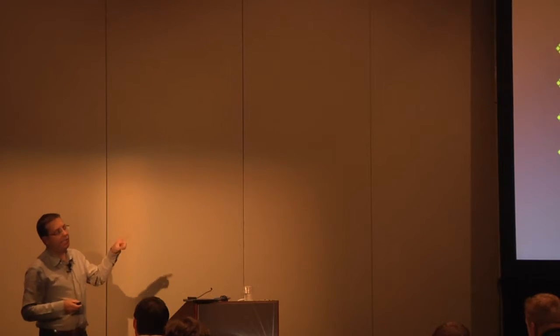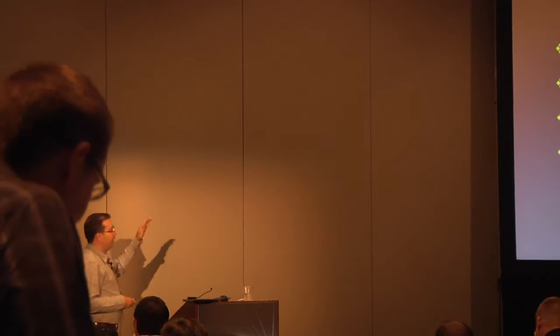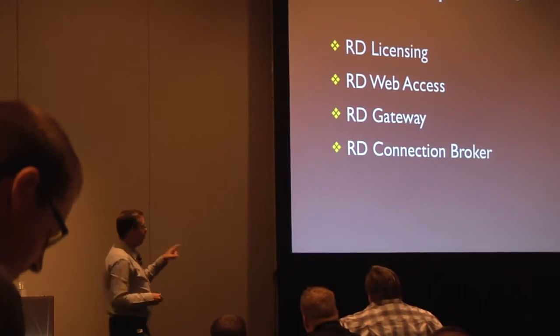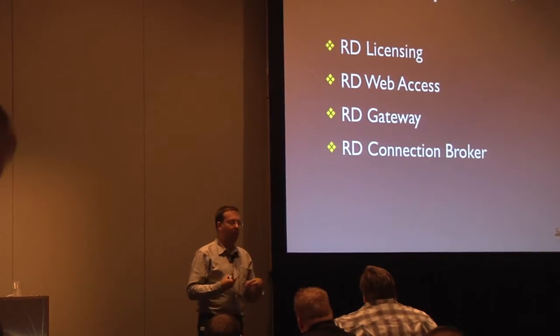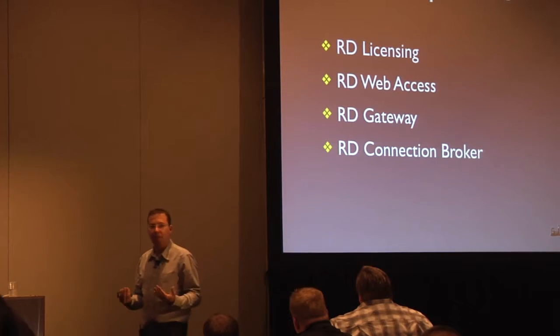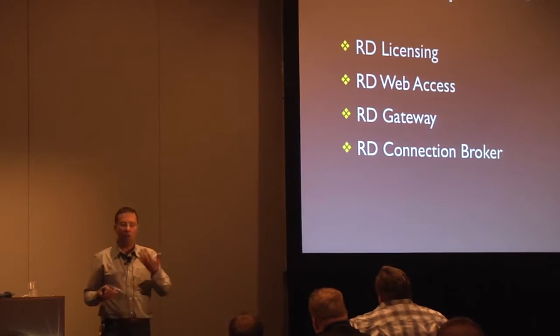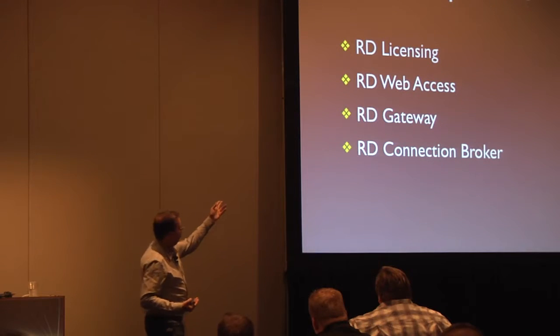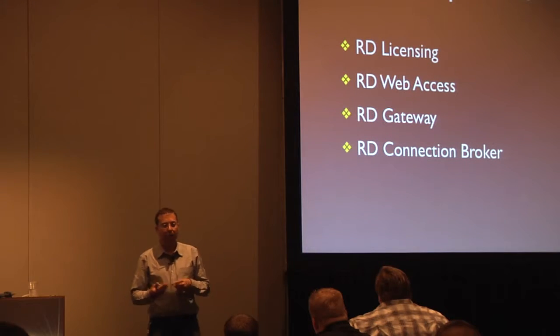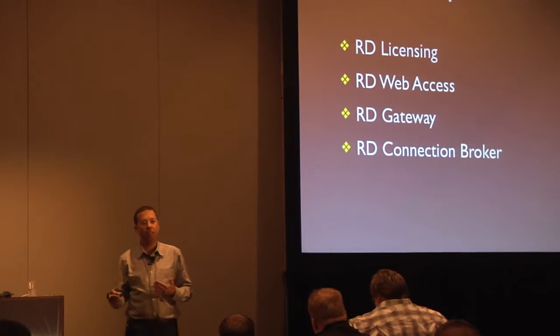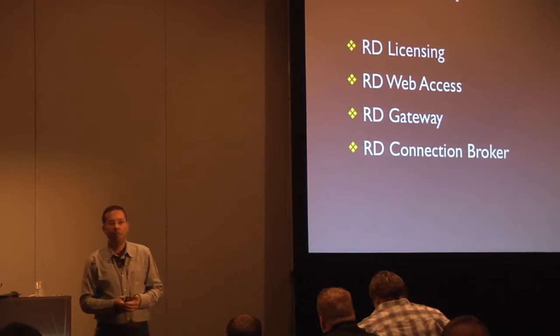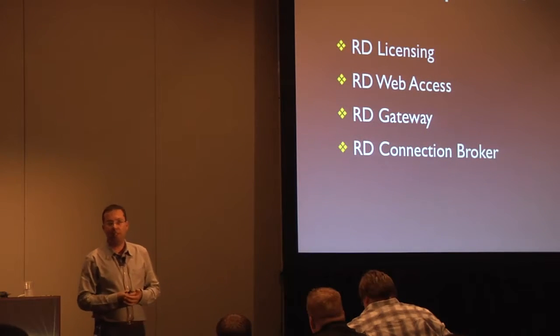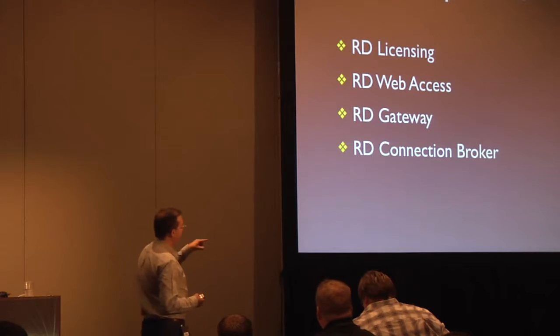So when you connect, let's say you go through the web, you hit the web access, you log in, you see icons, you click, and the icon is a text file, an .rdp file. It's parsed by the local RDP client. It will connect, let's say, to an RD gateway, or it will detect if you are internal or external. It can do that as well, and may bypass the gateway in that case, and then hits the connection broker.